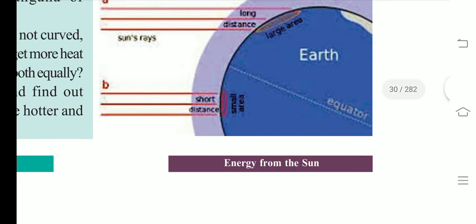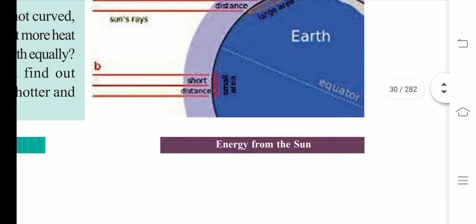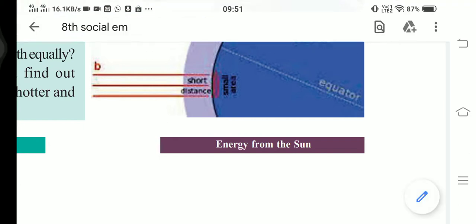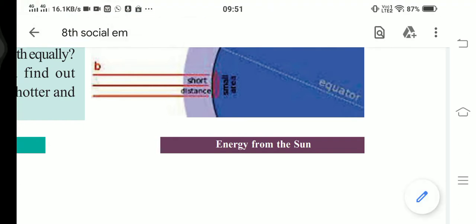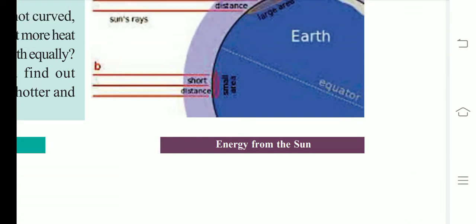So in the month of November we see the angle of incidence increases in the north, and in December, and it decreases in the months of May and June, right? Because in May and June, the sun rays fall vertically on the Tropic of Cancer, that is 23 and a half degrees north latitude, right?